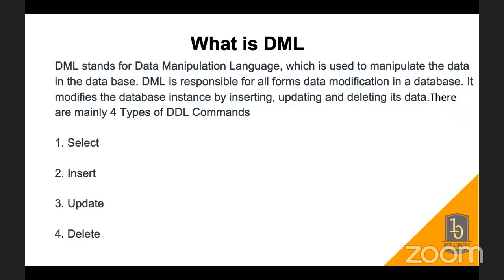When we consider a relational database table, inserting data means inserting a row in the table. Deleting means you will be deleting one or multiple rows from the table, and updating means updating one or multiple rows.